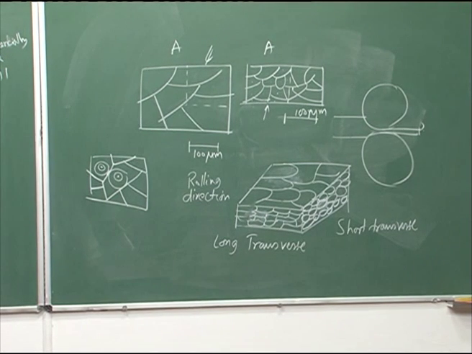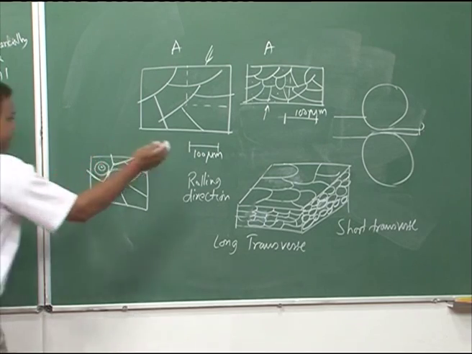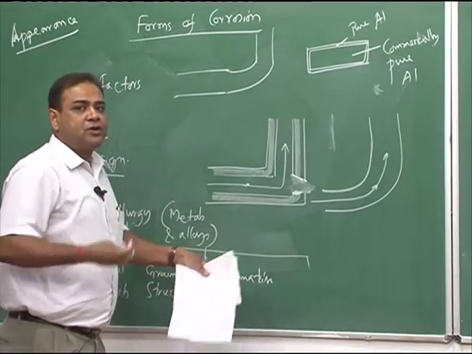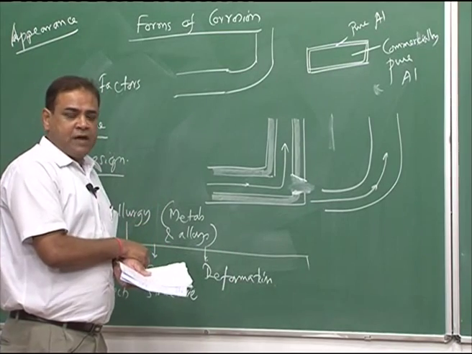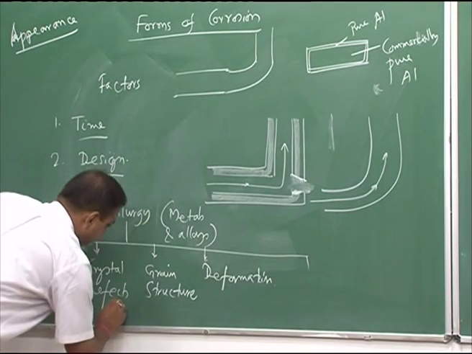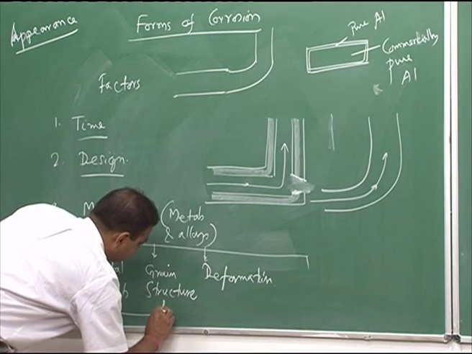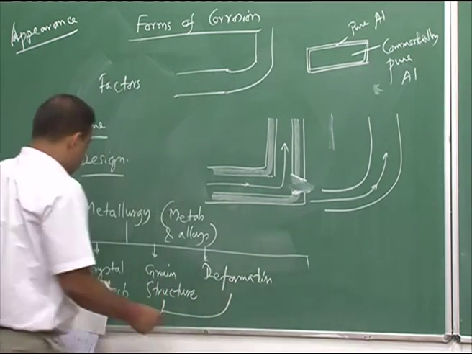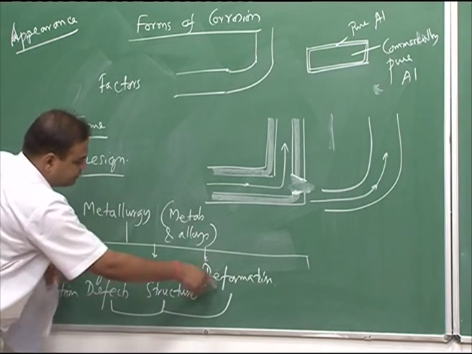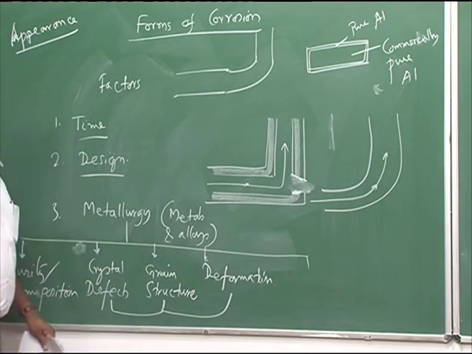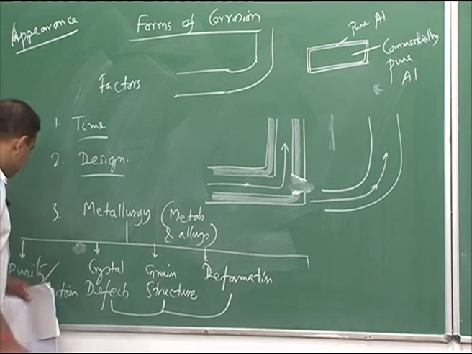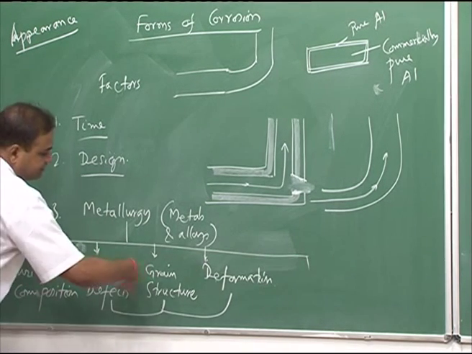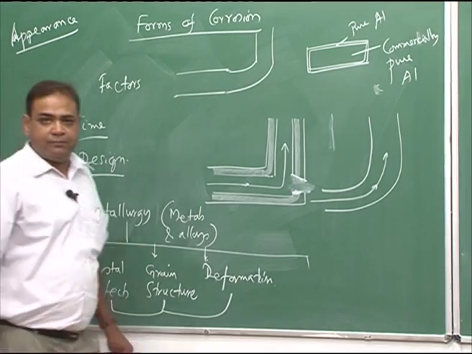So, depending on the modification that happens due to deformation, the corrosion property can change. Crystal defect, grain structure and deformation are all interrelated. At the same time, the purity and composition can also affect this deformation behavior.